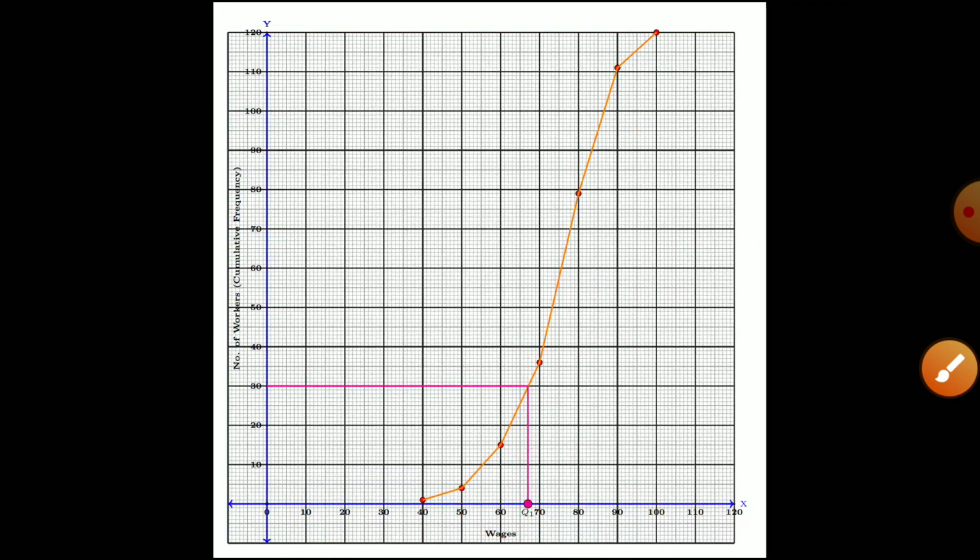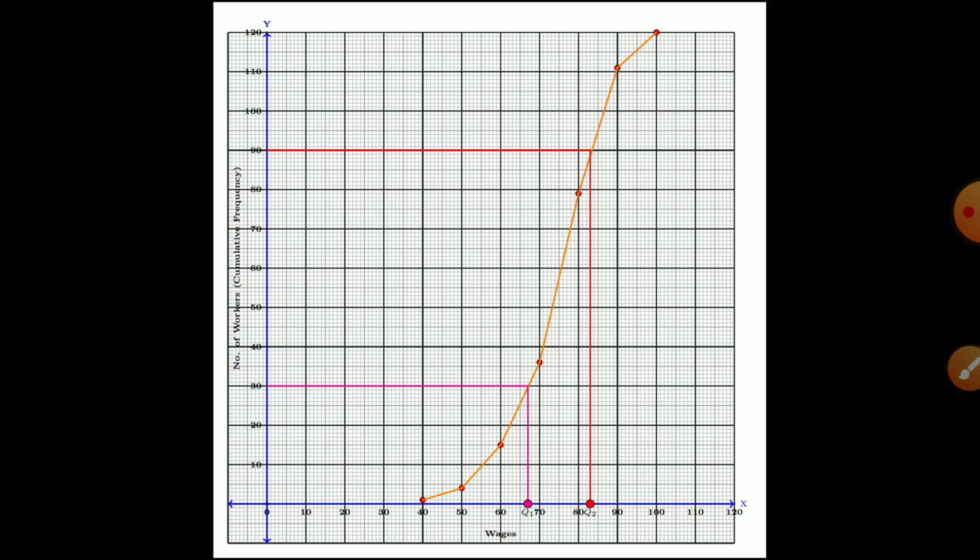Okay, so see here, one horizontal line is drawn from 90, it crosses our graph, and from that cross point we drop a perpendicular on the x-axis, and that foot of the perpendicular is nothing but our quartile q3.